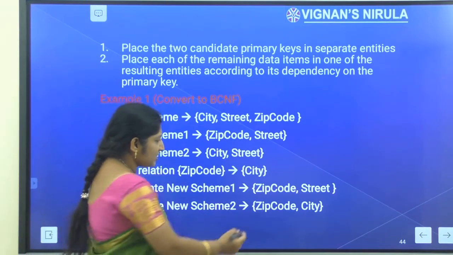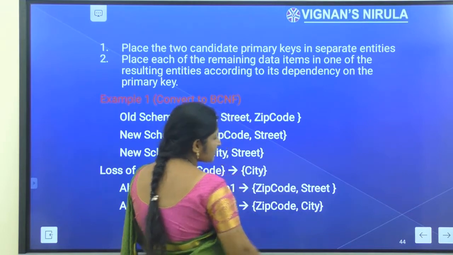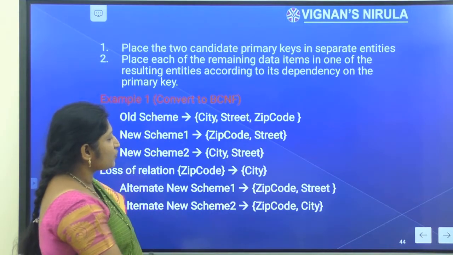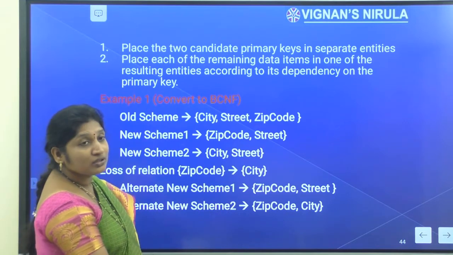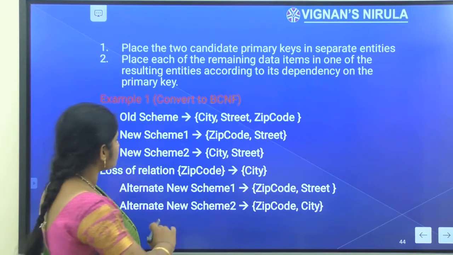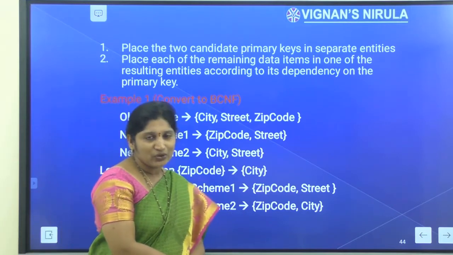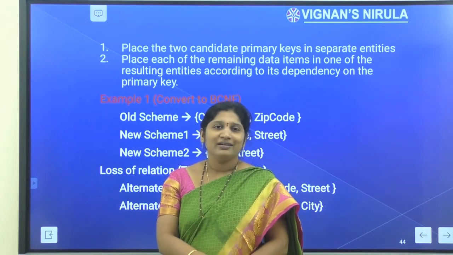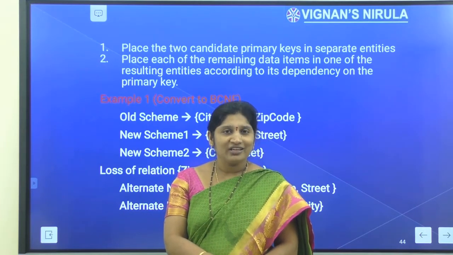Zip code implies city is non-key dependent on key. City, comma, zip code implies street is also a non-key relation, not a key to key relationship. That's how we have avoided the key to key relationships. The main aim of BCNF is to avoid key to key relationships.